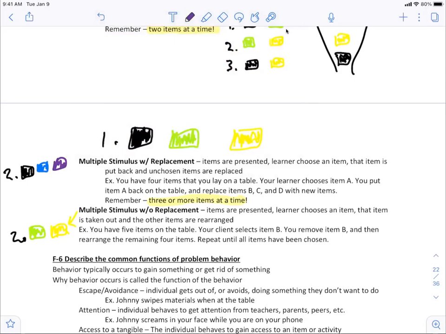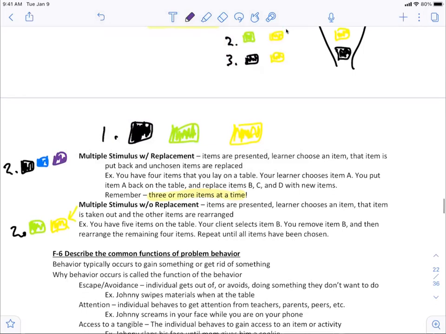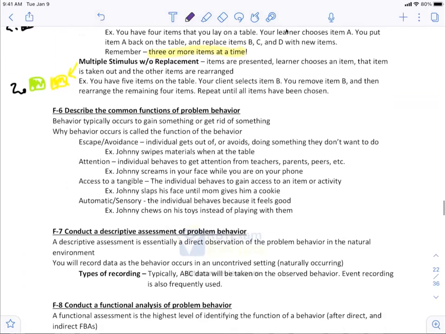Still a limited hold combined with the preference assessment. They like to do that a lot. They combine a bunch of different terms together to try to confuse you. If you get confused, just break down each term you know. You know what a limited hold is, you know what a preference assessment is, and then put them back together. Preference assessments, not difficult. Okay, biggest thing, remember, preference assessments are not reinforcer assessments.